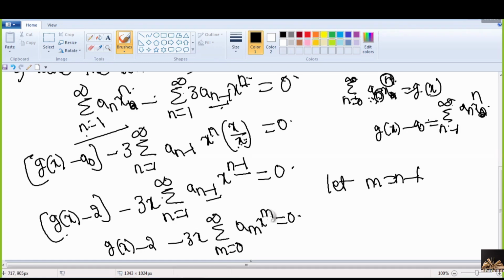Now it is in the form of g of x. Whatever may be the runner, it can be n or a, b, c, it is in the form of g of x, summation of n equal to 0 to infinity a n into x power n. Therefore, it can be written as g of x minus 2 minus 3x into g of x is equal to 0. Clear?